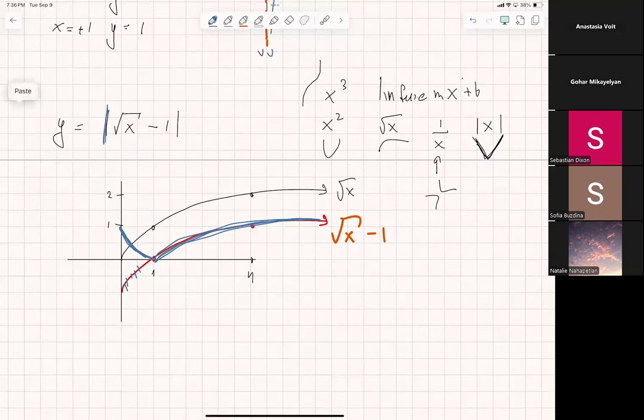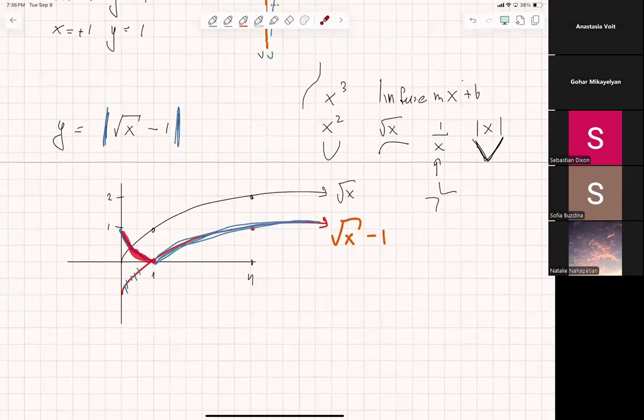So these absolute values do not play that much role for this portion. But for this portion, it will undo the negative and make it positive, right? So when you had, let's say, the point right here, where x is 0, the absolute value of square root of 0 minus 1 would be just the absolute value of -1, which is +1.